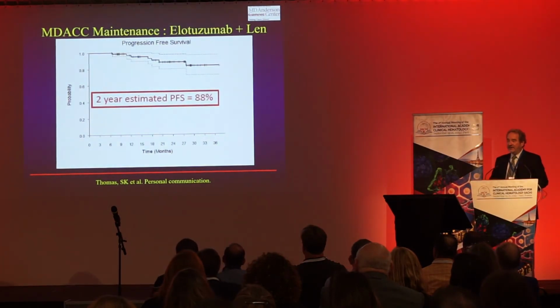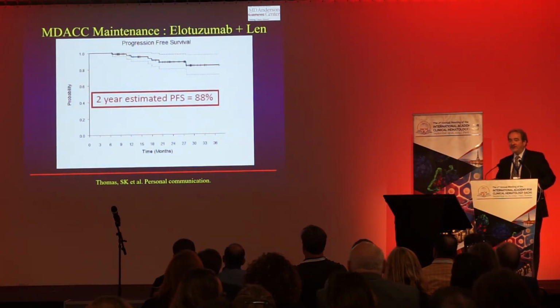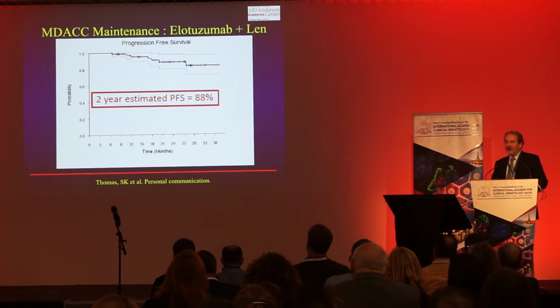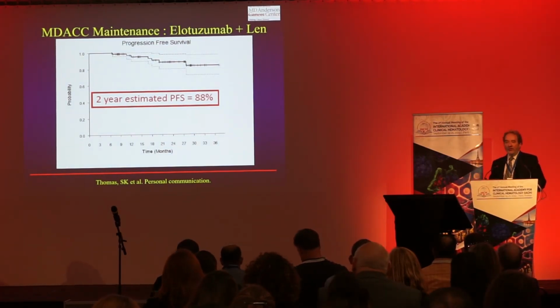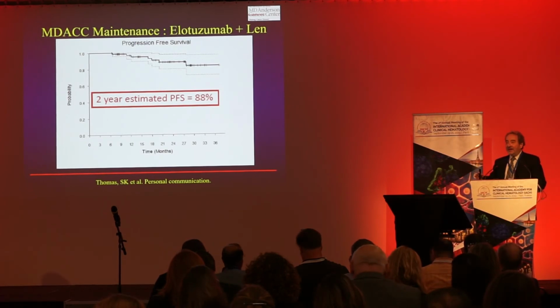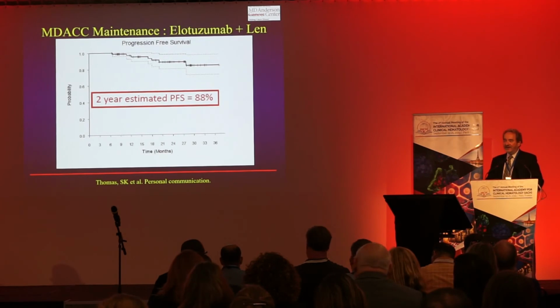Maintenance is also a standard of care after transplant. To me, maintenance is actually a failure, because if you could eliminate myeloma 100%, you wouldn't need to continue other drugs afterwards. But since we haven't gotten there yet, we do maintenance. Len is probably the standard of care.